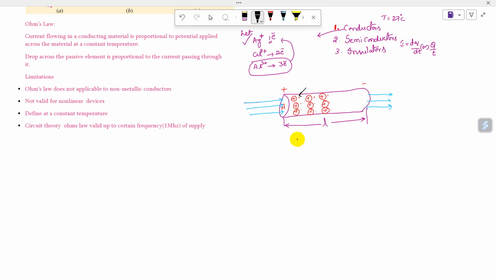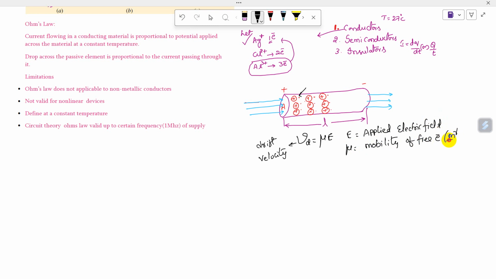That velocity is called drift velocity Vd, given by the equation Vd equals mu into E, where E is the applied electric field and mu is the mobility of free electrons.